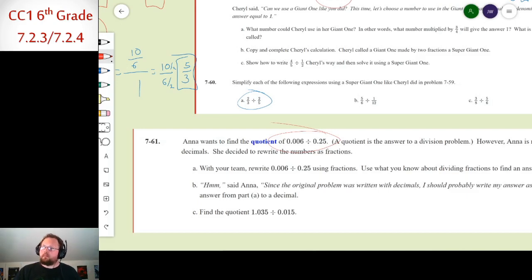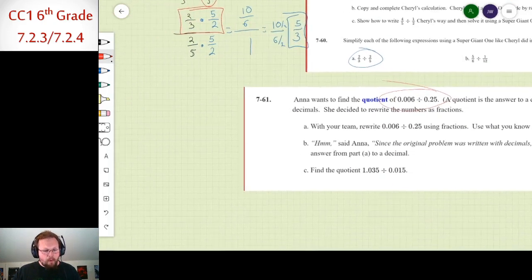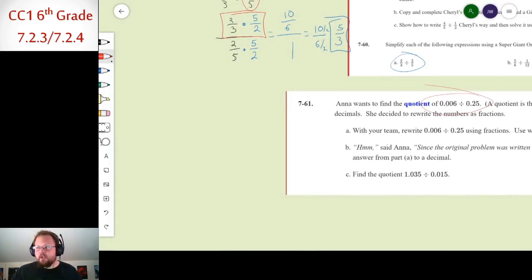A lot of students struggle with dividing decimals because there's a whole lot of extra steps involved. But you can use this strategy of simplifying fractions in order to make this easier, and I will show you how.